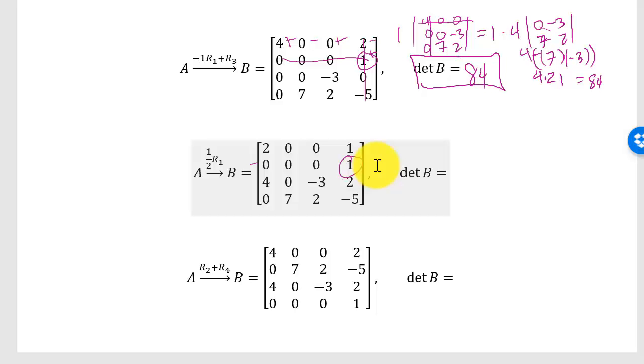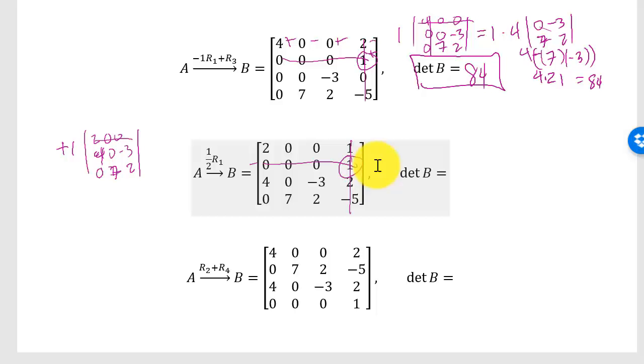This is a plus, so we're going to get a plus 1. Then our submatrix is going to be 2, 0, 0, 4, 0, -3, 0, 7, 2.